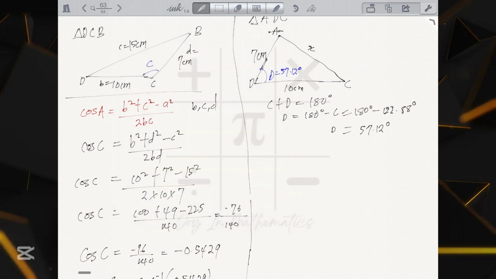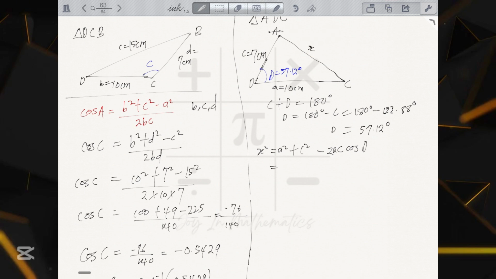So we can simply say that C is equal to 7 centimeters, A is equal to 10 centimeters, and we are looking for X. So we can say X squared is equal to A squared plus C squared minus 2AC cos A, rather cos D, because we are considering X. So let's substitute.